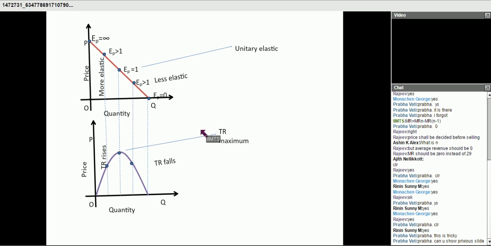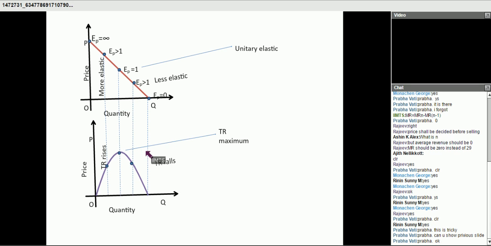Prabha, we need not discuss this one in detail because this is just an analysis. This is not what we are concentrating at. We are more focused towards the revenue and cost concepts, because revenue and cost curves will be used in the further analysis.